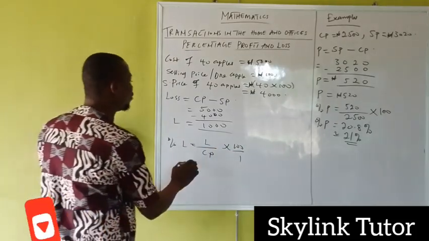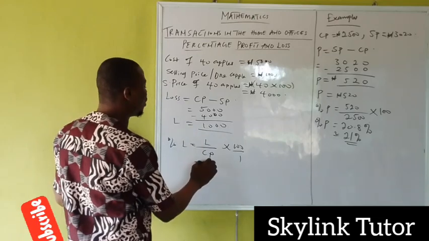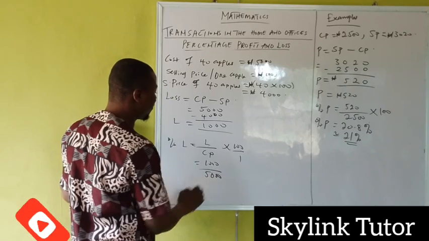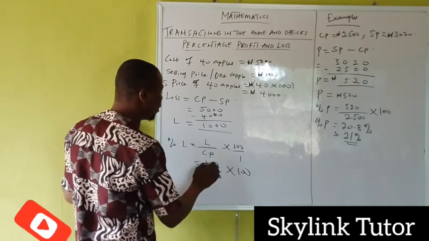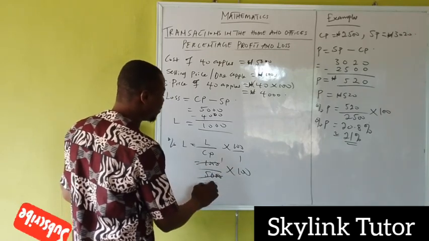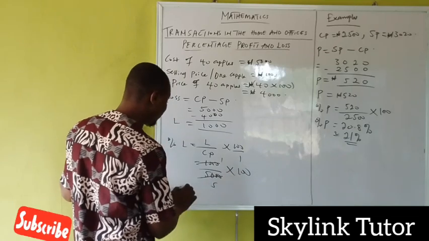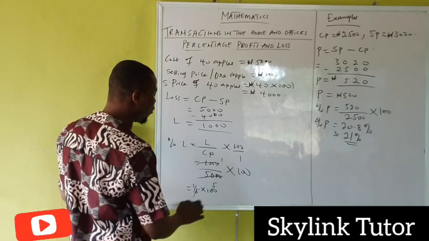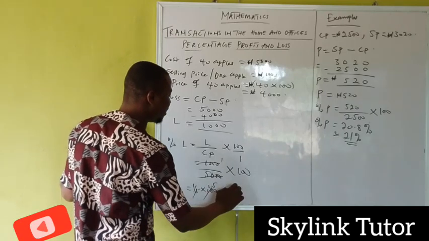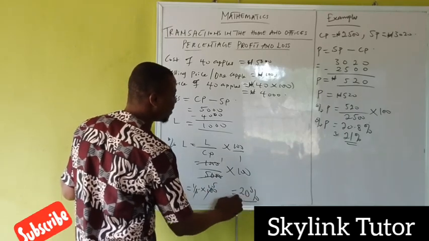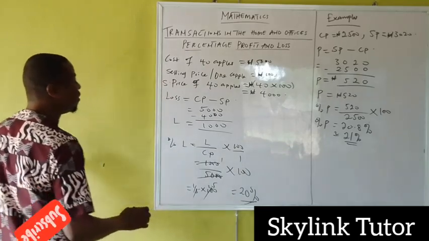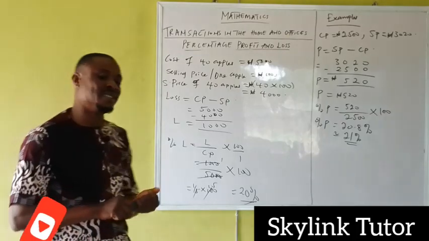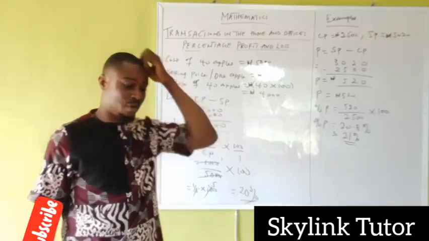So at the long run, your loss is 1,000 divided by 5,000 times 100. So you are going to say 1/5 times 100. 5 here 1, 5 here is 20. The answer is 20%. The person is making a percentage loss of 20%. I hope you all understood.